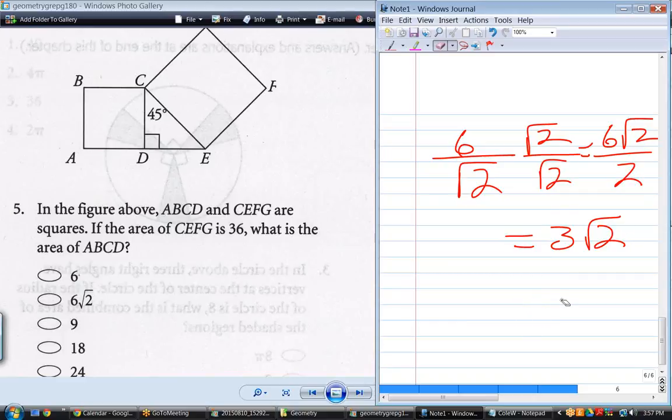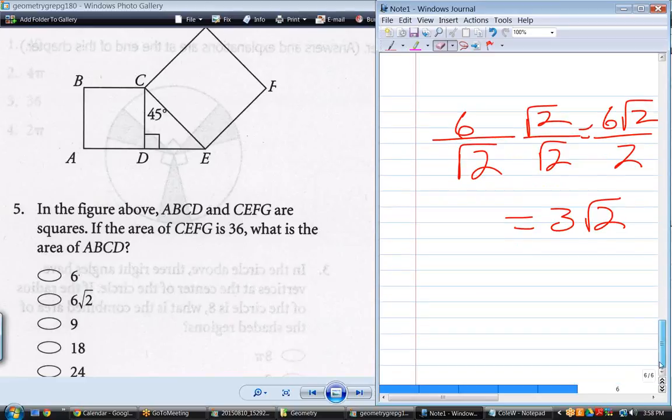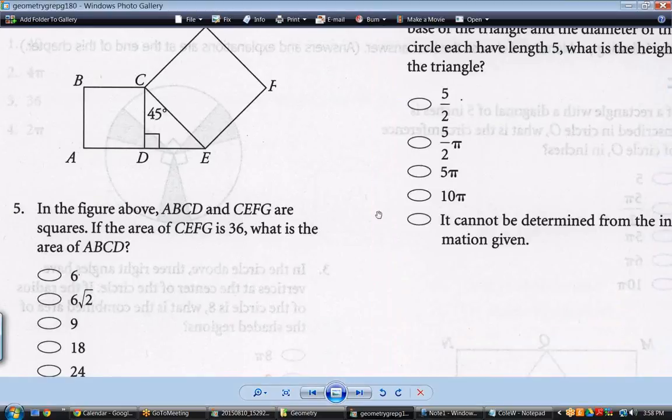In other words, don't rationalize numbers until they're the final answer. You may find you don't need to rationalize them.